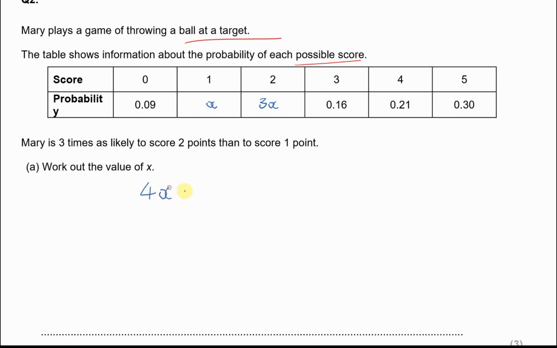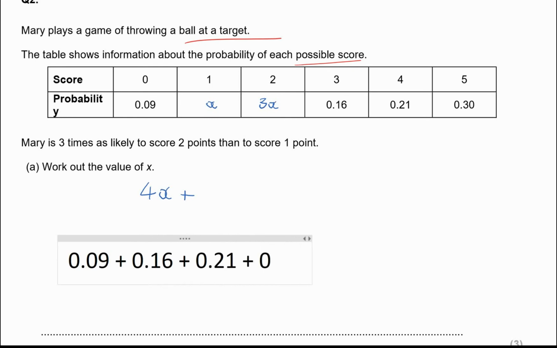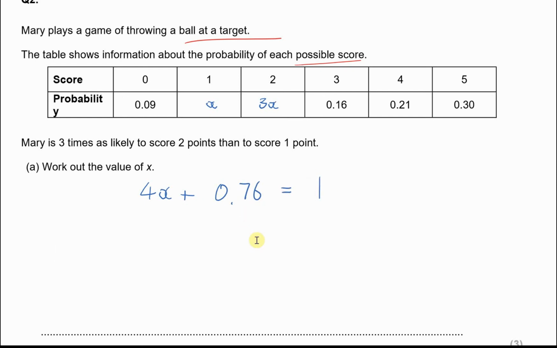We have 4x plus all these numbers here. Let's add those together. Again, just get your calculator out and add all these together. So we have 4x plus 0.76, and that must equal 1. Probabilities always add up to 1.